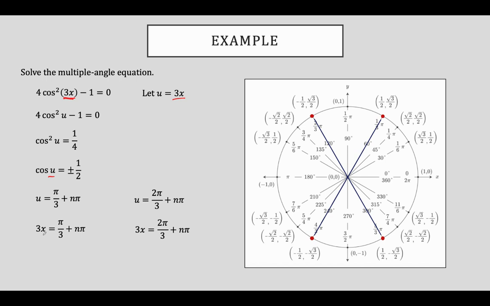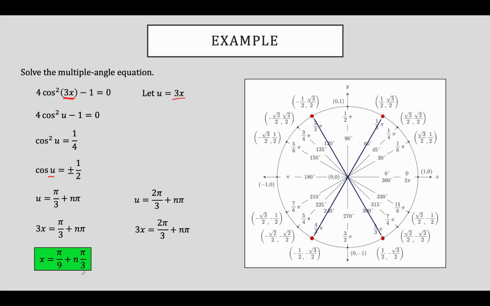And to solve for x, we need to divide everything by 3. Divide both sides of the equation by 3. And remember, dividing by 3 is the same as multiplying by 1/3. If we multiply everything by 1/3, we get x is equal to pi over 9 plus n times pi over 3. That's one of my solutions.